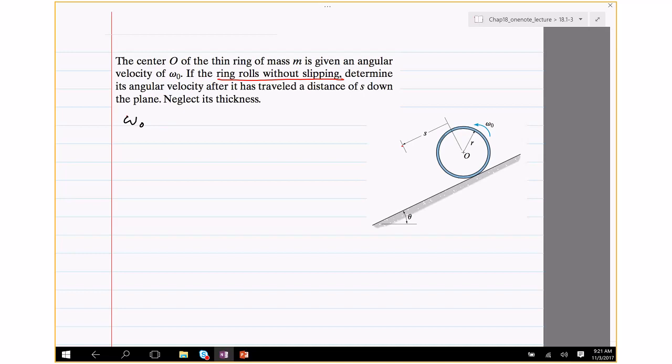So what it means is that the point O has moved a distance of s. So the center of mass has moved a distance of s. So we're given m, omega 0. We need to find the final angular speed, and we're also told the distance traveled by the ring. Okay, so as I said, always draw a free body diagram.